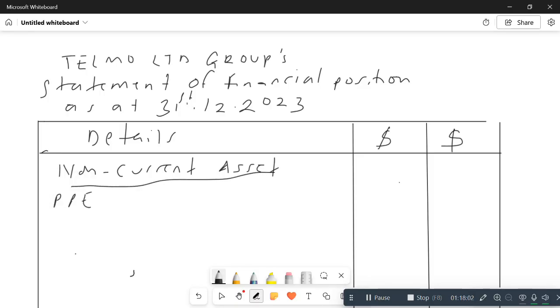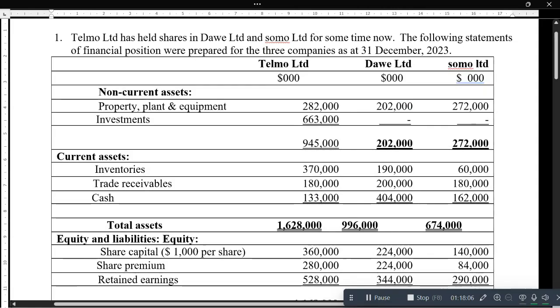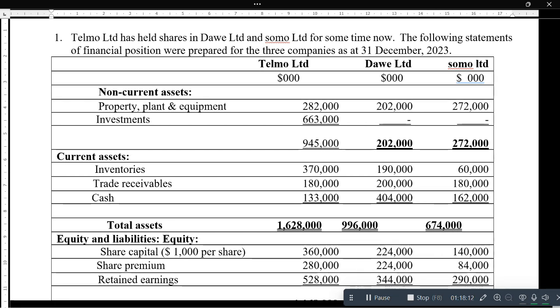And PPE, let's try to add this. There is this one, PPE 282 plus 202. Don't forget, we are not adding for Somo Limited. We are only adding parent Telemo and Dawe. 282 and 202.